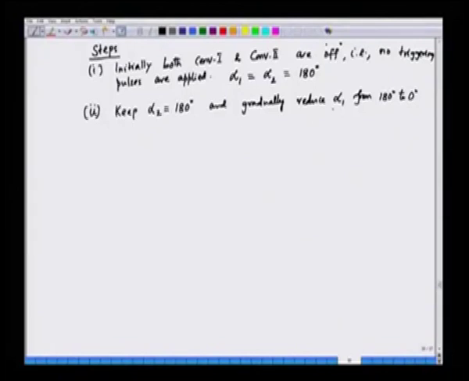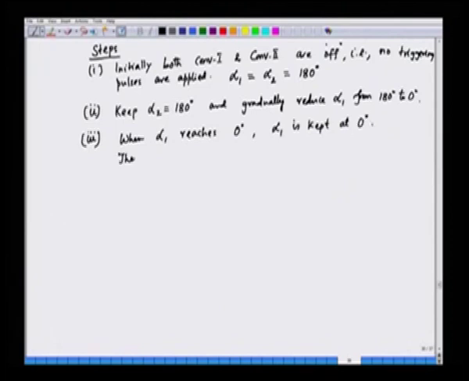So, we are gradually reducing alpha 1 from 180 to 0, and then the third step is, when alpha 1 reaches 0, alpha 1 is kept at 0.